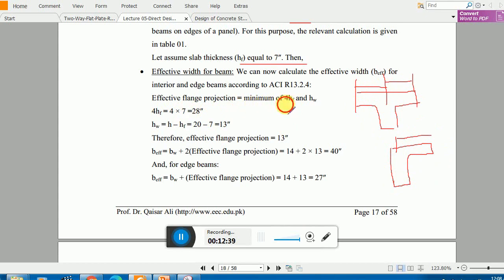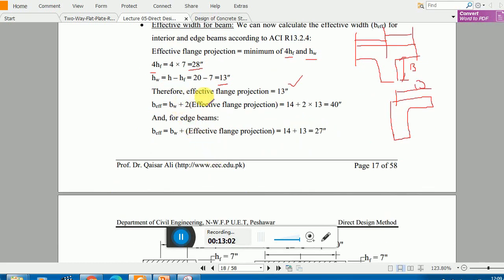So effective flange projection is the minimum of 4 times the slab thickness or hw. 4 hf is equal to 28 inch and hw is 13 inches. You already know hw, it is the web depth. This web depth is 13 inches. So the minimum value is 13 inches, so this projection is 13 inches. Therefore the effective flange projection is 13 inch.